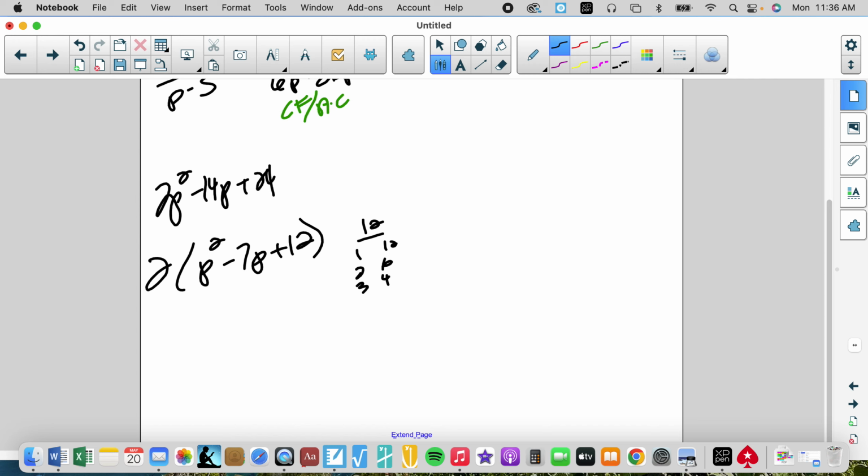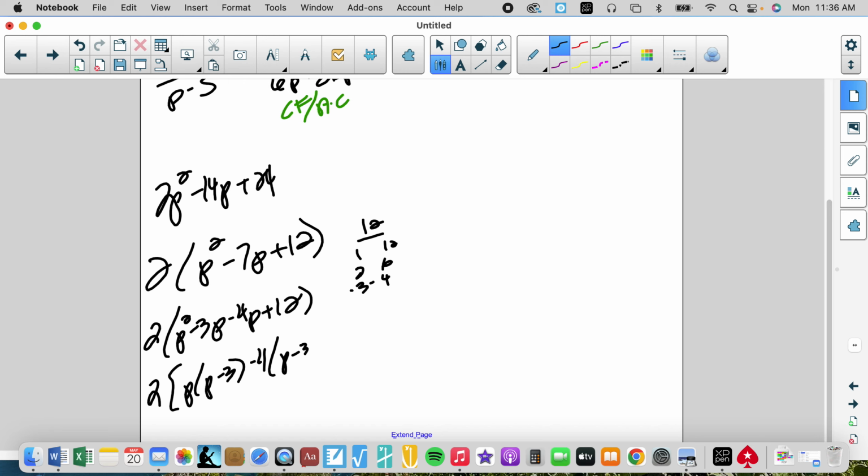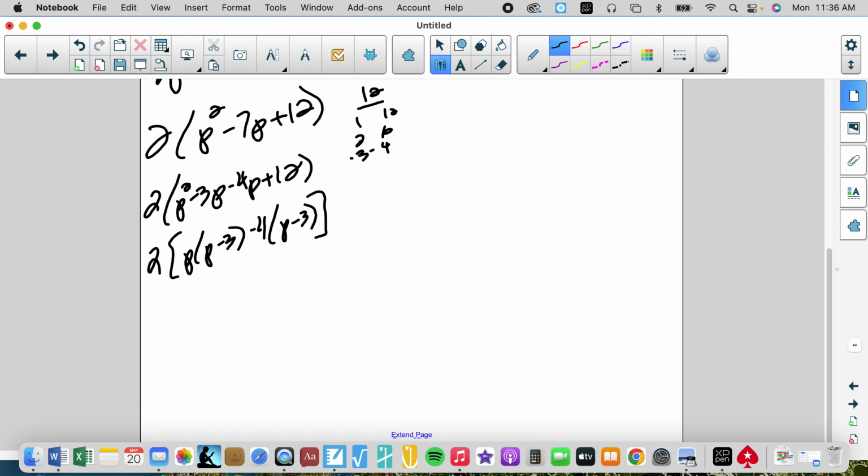Signs are the same. Both are negative. To make negative 7 are going to be negative 3 and negative 4. So 2 times the quantity p squared minus 3p minus 4p plus 12. Let's factor a p, we get p minus 3. Factor a negative 4, we get p minus 3.